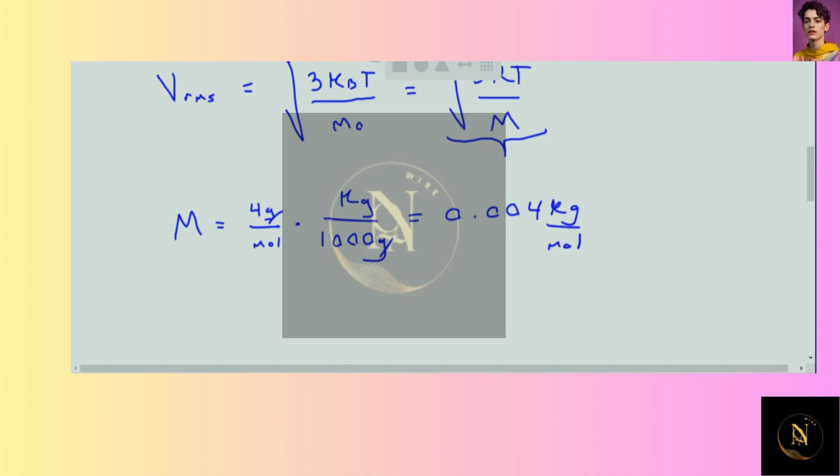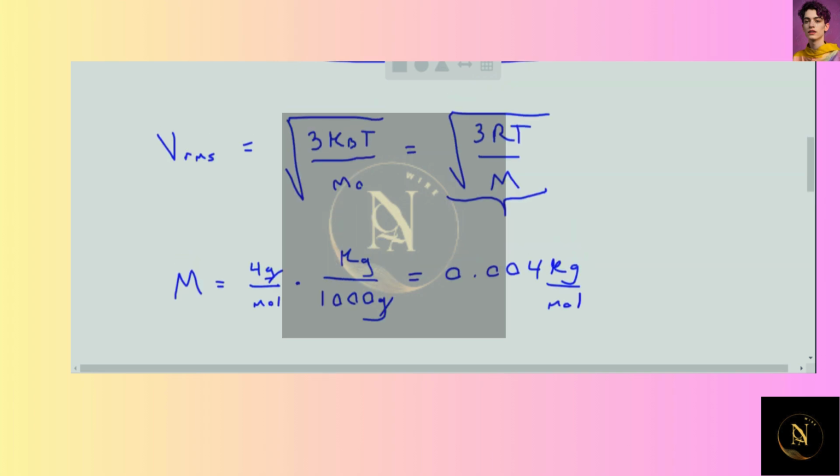Everything else is in its proper units. If we plug and chug all those numbers in there, we should get that the root mean squared velocity is about 1,352 meters per second.